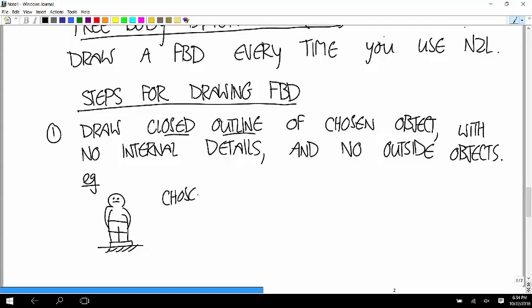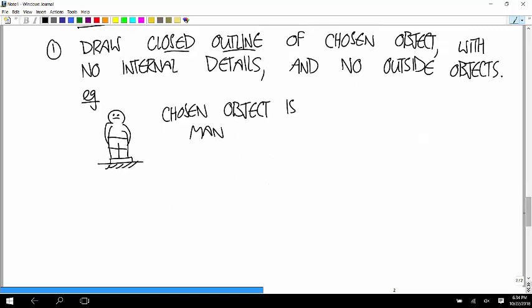If the chosen object is the man, then the closed outline would look something like this. Not this, because it's not a closed outline.